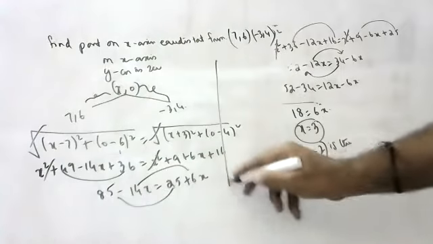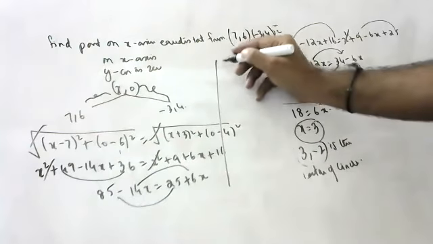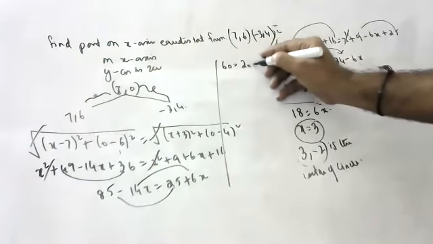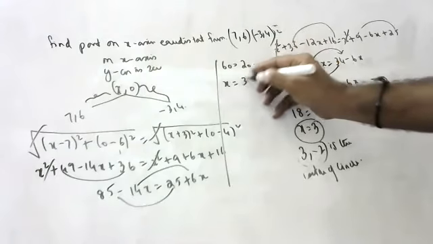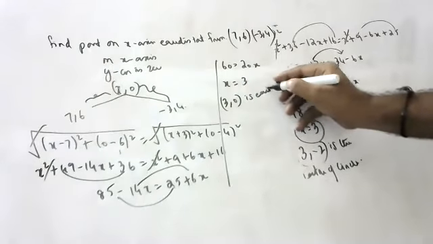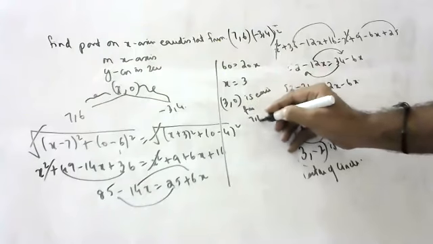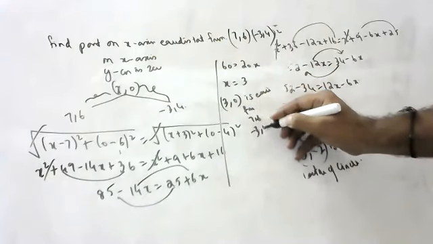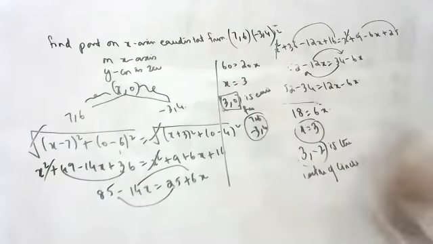How much is that? 85 minus 25 is how much? 60 is equal to 20x. x is equal to 3. 3 comma 0 is equidistant from 7 comma 6 and minus 3 comma 4. 3 comma 0 is equidistant from both the points.